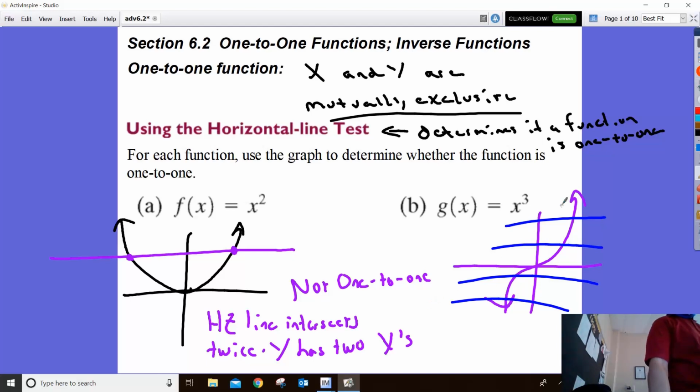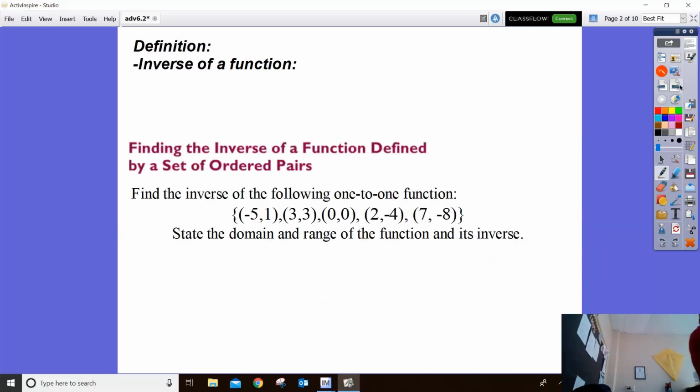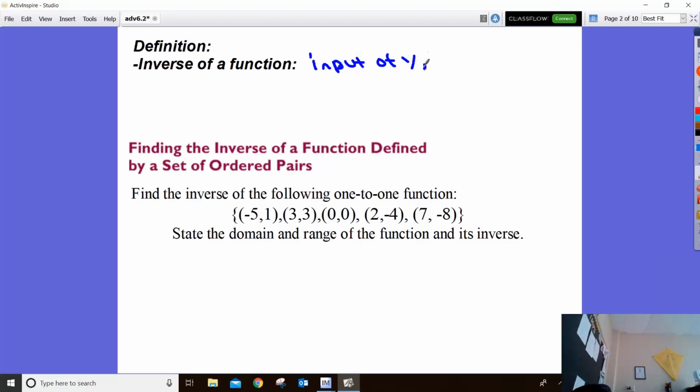Anybody need more time? Inverse of a function. The inverse of a function is a function that does the exact opposite of the original. An inverse function has an input of y, an output of x.